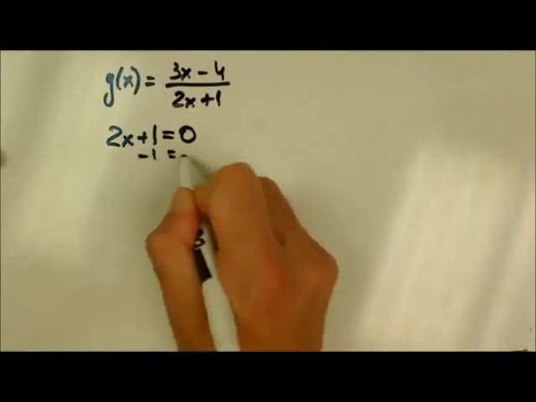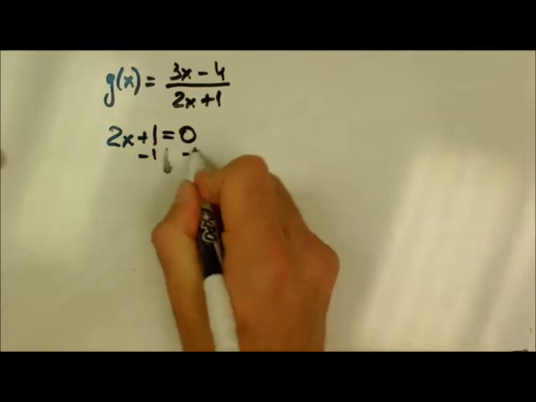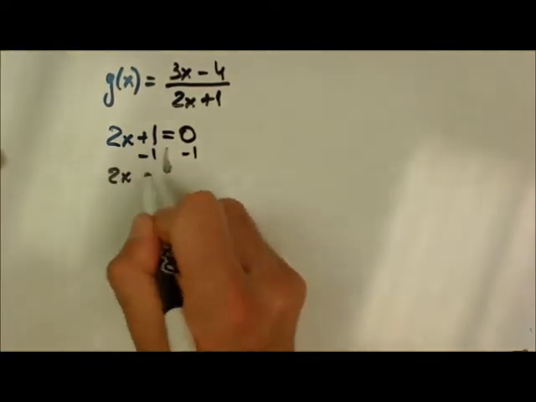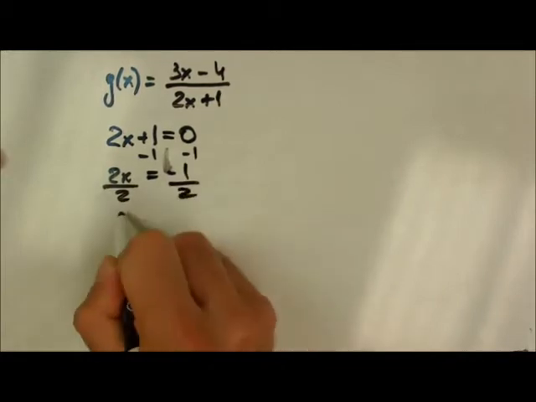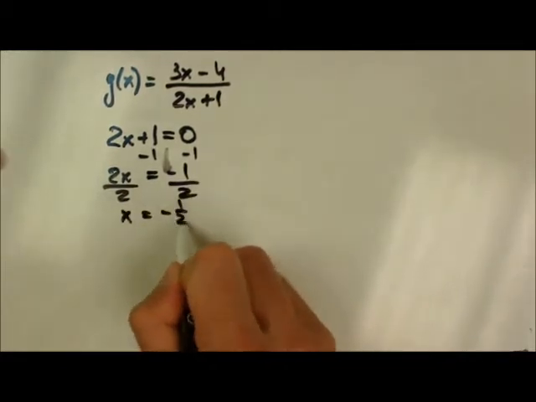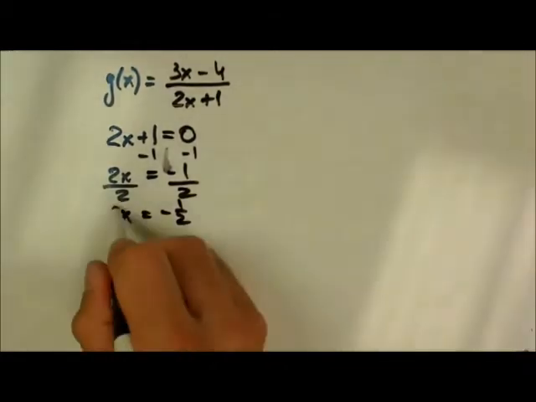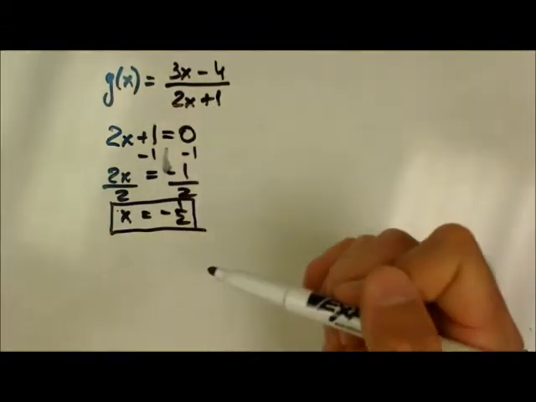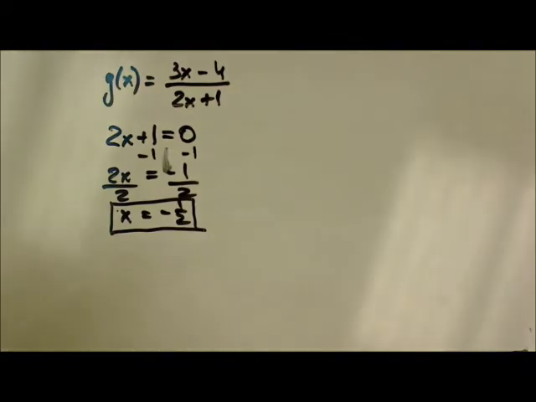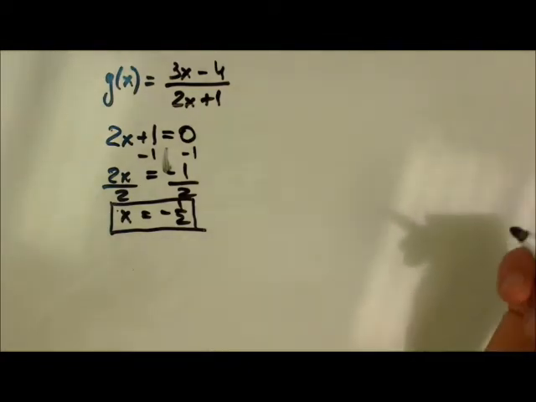Subtracting 1, 2x equals negative 1, dividing by 2, x equals negative 1/2. This is the value of x when our denominator is equal to 0. It means where the graph does not exist. In other words, it's a vertical asymptote.